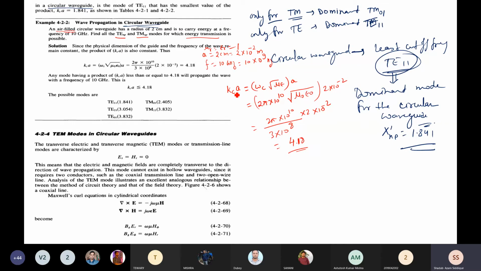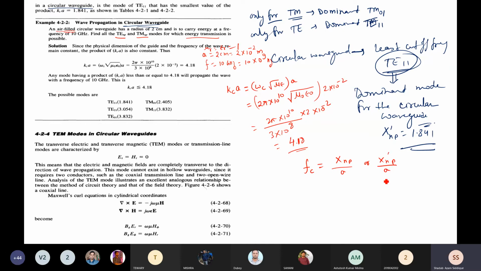So that means all these cutoff frequencies, the cutoff frequency is equal to x_np upon a, or x dash np upon a.